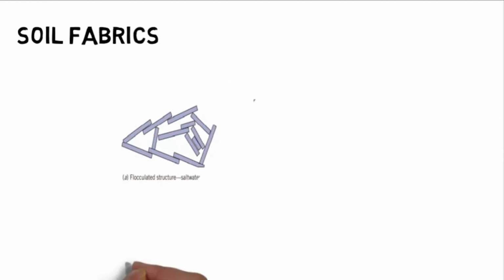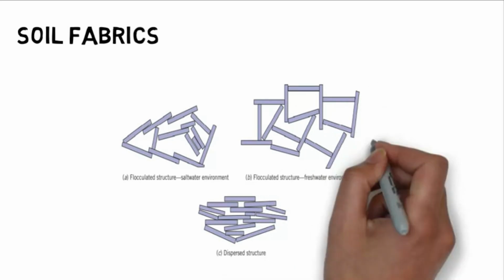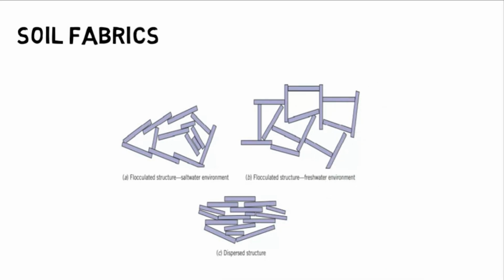Soil particles are assumed to be rigid. During deposition, the mineral particles are arranged into structural frameworks that we call soil fabrics. Each particle is in random contact with neighboring particles. The environment under which deposition occurs influences the structural framework that is formed.